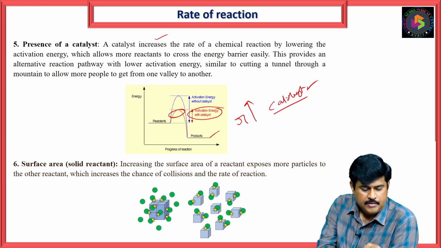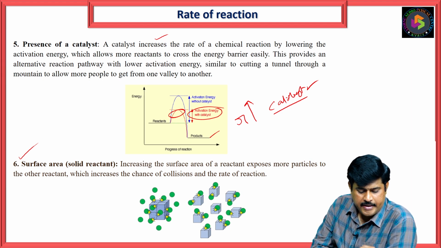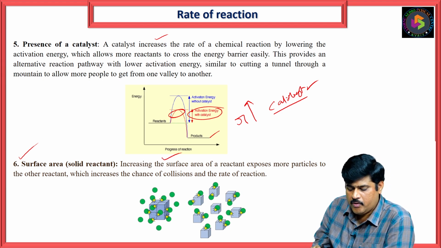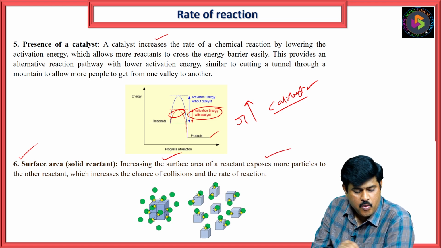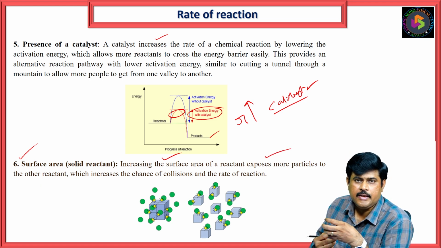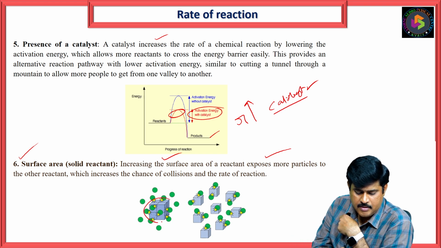Okay. The sixth important factor is the surface area of the solid reactant. When increasing the surface area of the reactant, what will happen? It exposes more particles for the other reactants. If you have a solid reactant, when the surface area is increasing, you can see here this is the solid phase, and because surface area is limited here, very few collisions are happening.